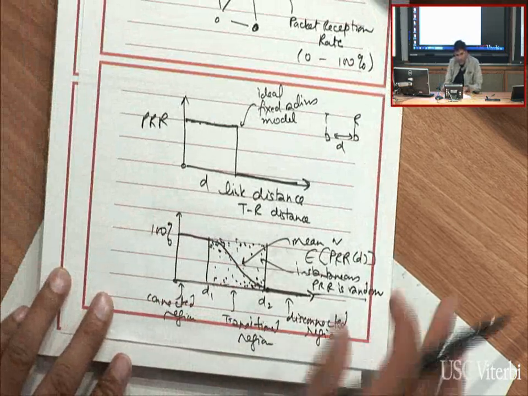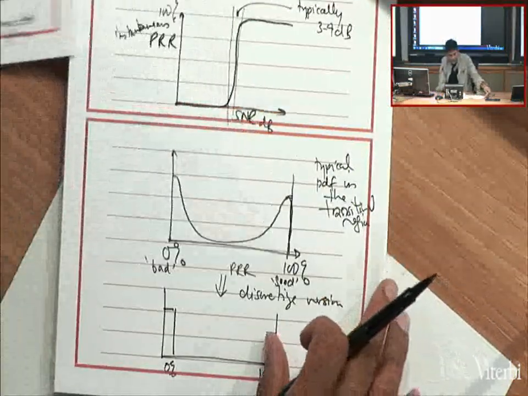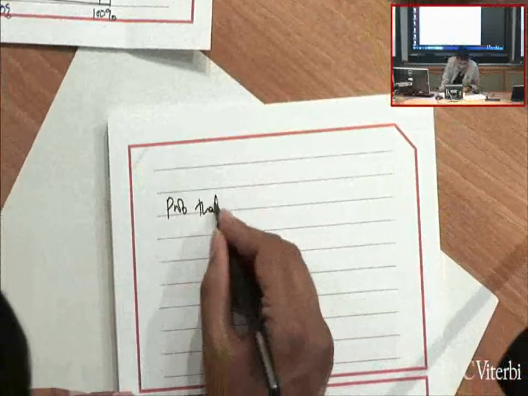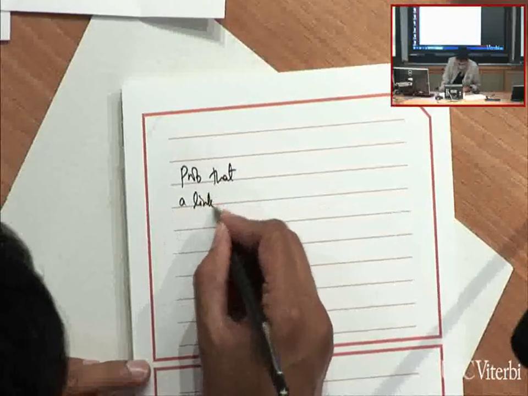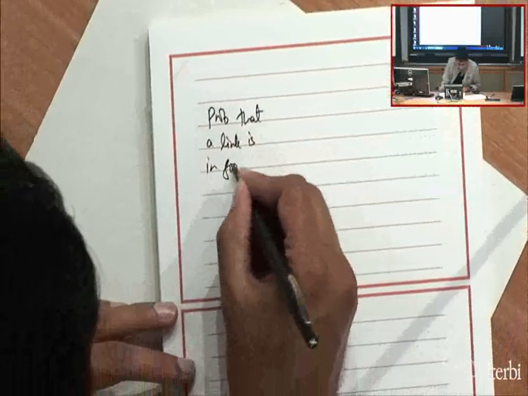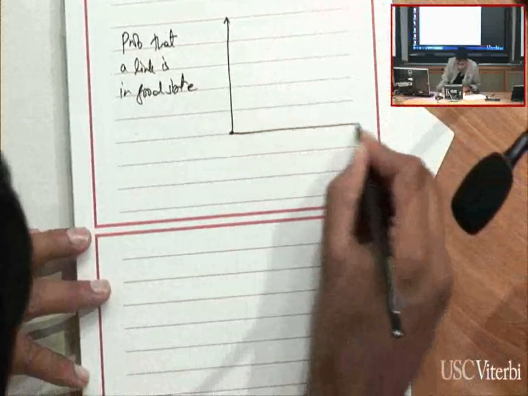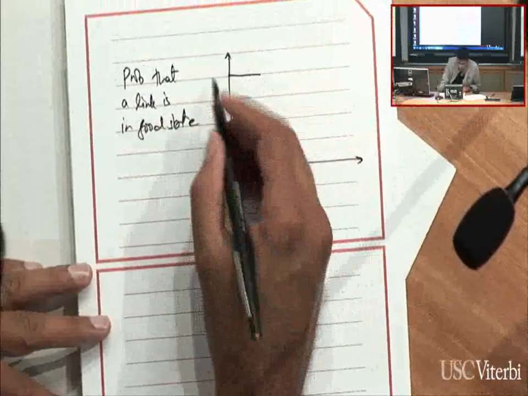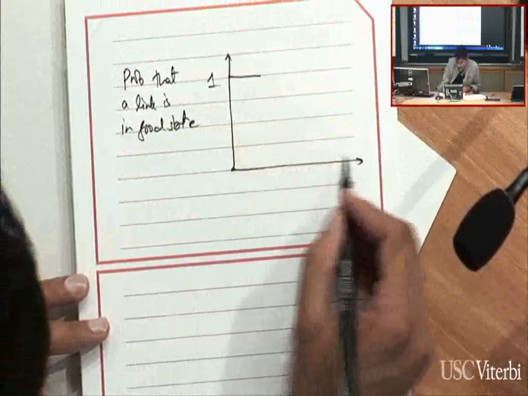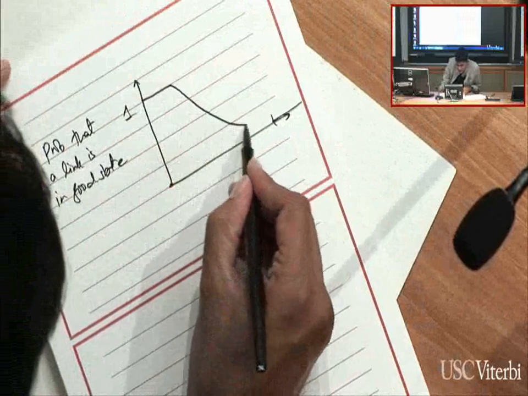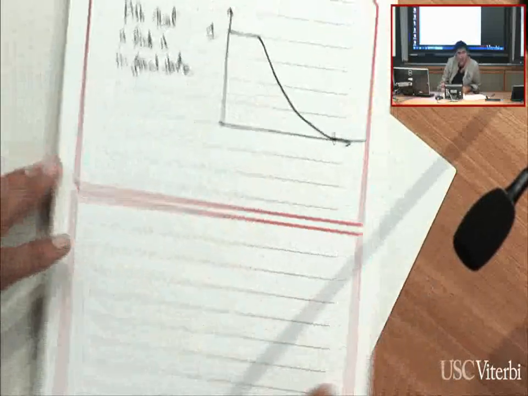We can basically model the probability that a link is in the good state as being close to 1 up to a certain distance, 0 after a certain distance, and then this curve that's decaying in between.